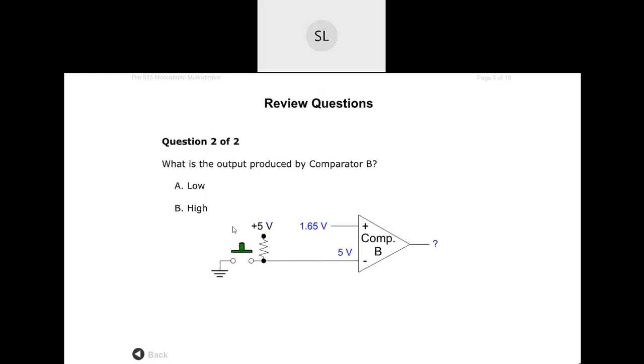Now, what is the output produced by the comparator B? Here, what will be the output of this comparator B? It is high or low? See here, the non-inverting input terminal is at 1.65 volts and inverting terminal is at 5 volts. Then output will be high or low?